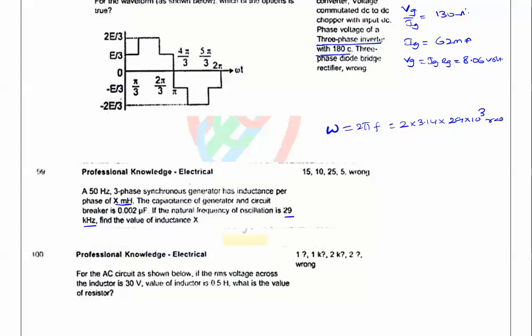So this is the radians per second, and omega is equal to 1 by square root of LC, which is the natural frequency of oscillation. So W square is equal to 1 by LC.